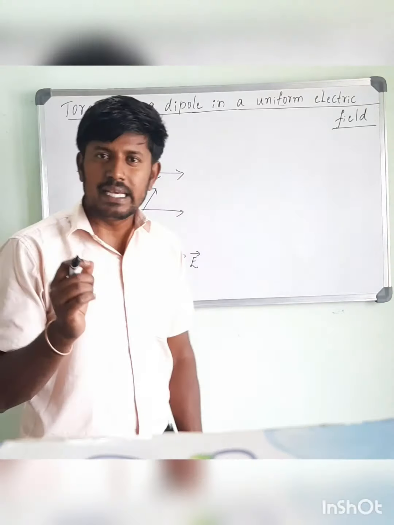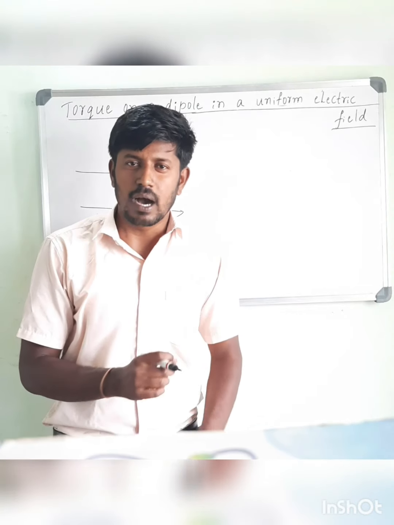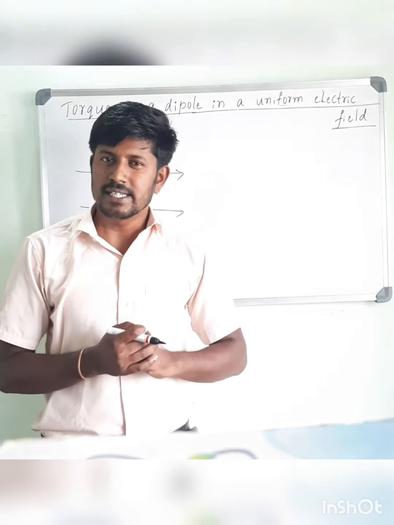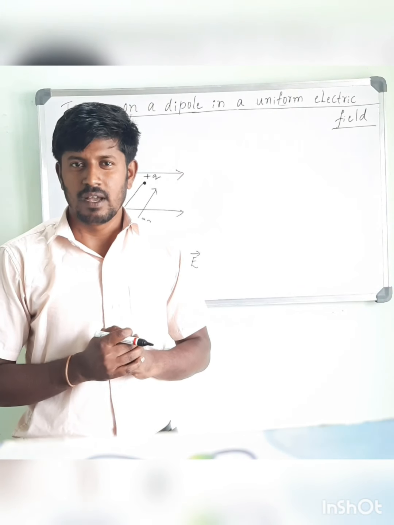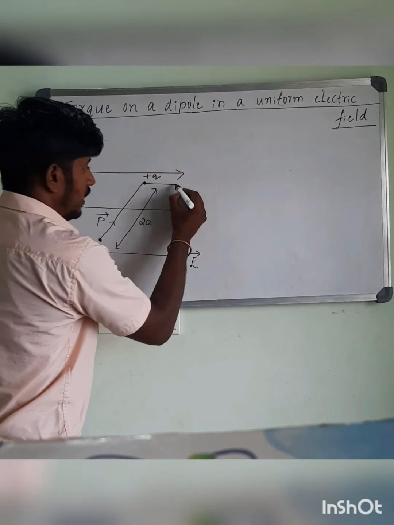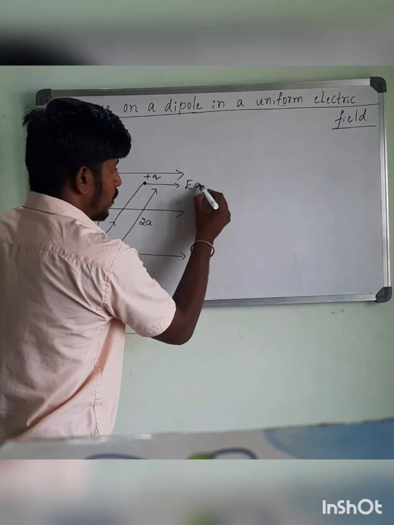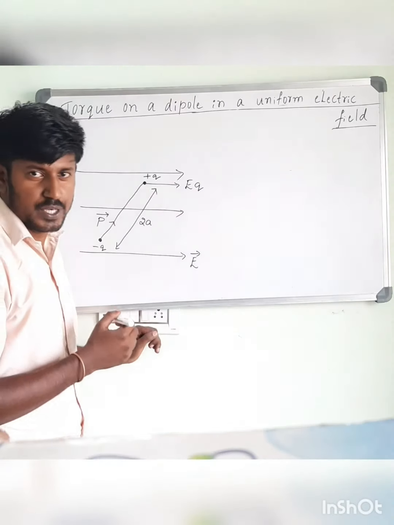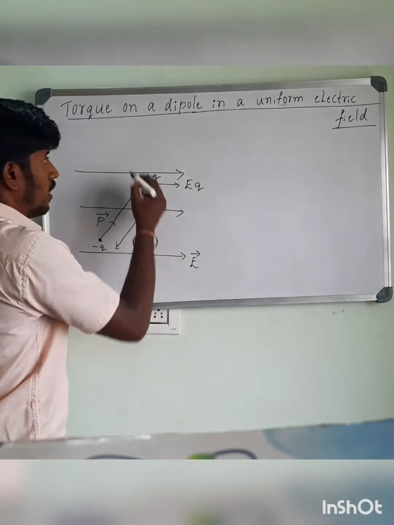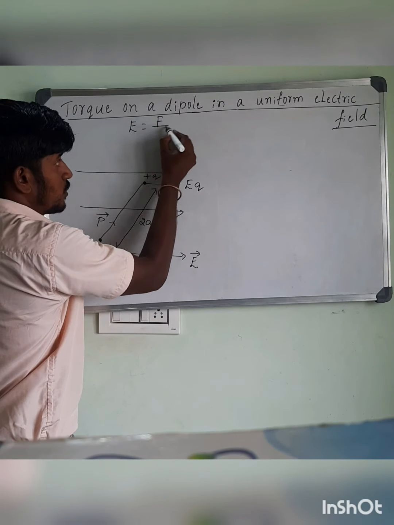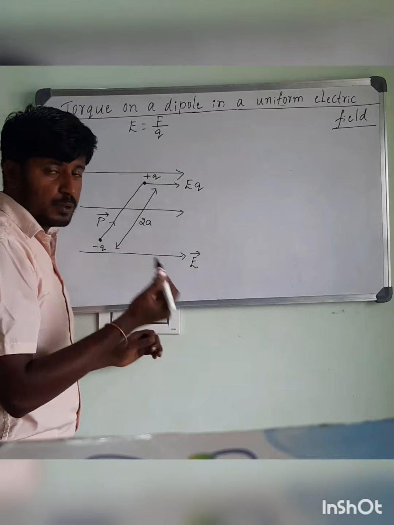So whenever we place any charge in a uniform or in a non-uniform electric field, some force will be experienced by that charge, and that force is given by E into Q. This is the product of electric field and charge, which is the force acting on the positive charge, because the definition of electric field is the ratio of force to the charge.